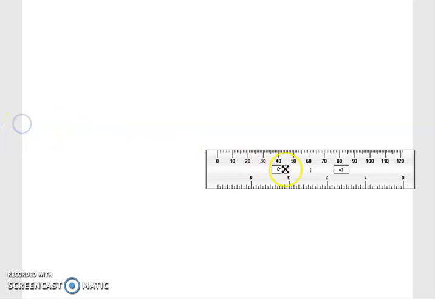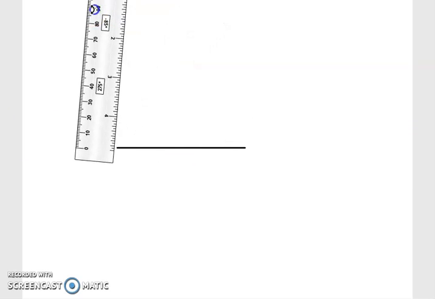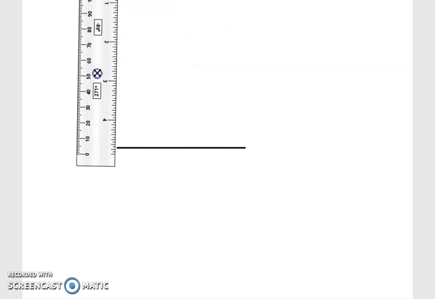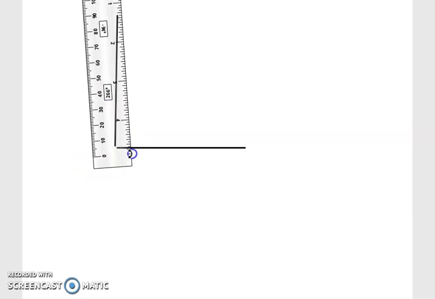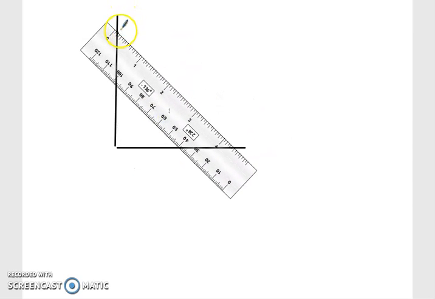Alright, I won't complicate it this time. Let me bring in the ruler tool. I have this line right here. This might not be drawn to scale. Bring this down, like this.